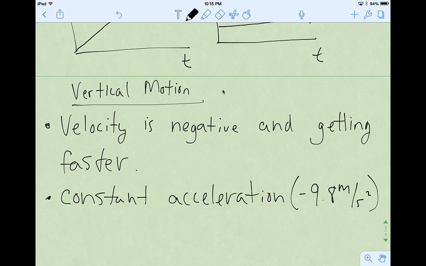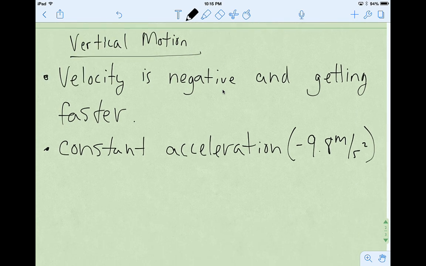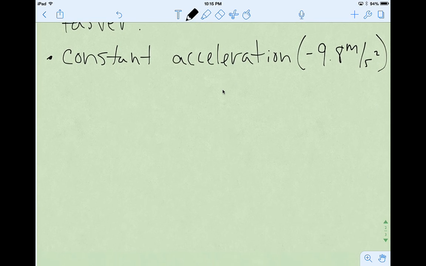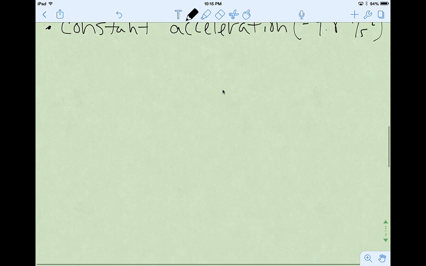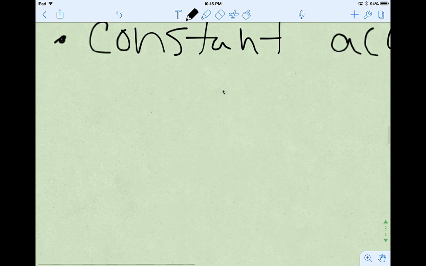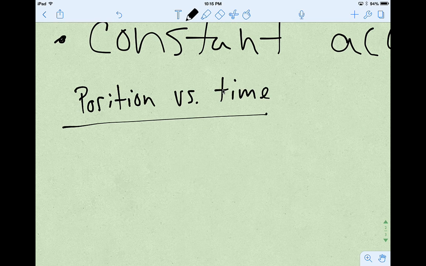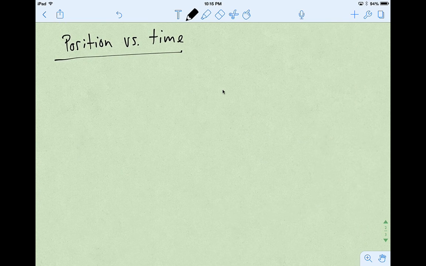So velocity is negative and it's getting faster, and it has constant acceleration of negative 9.8 meters per second squared. Now let's go ahead and draw the two graphs real quick. All right, so we'll go position versus time. Okay. So that's going to be time, and now it's y.